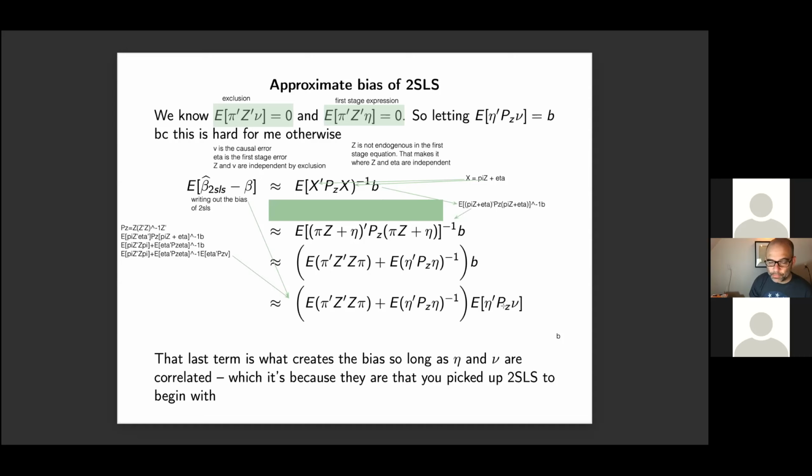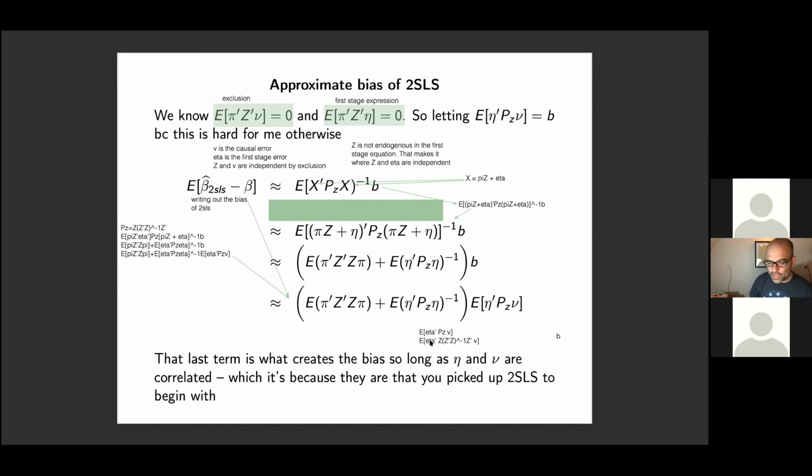But let's look at what this would be. We've got here expectation eta prime PZ V. So it's expectation eta prime Z prime Z inverse Z prime V. All right, so we're gonna look at that real quick.